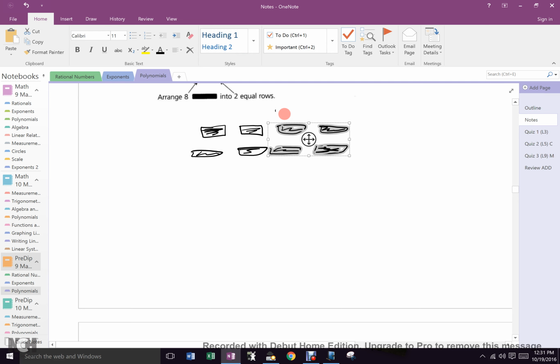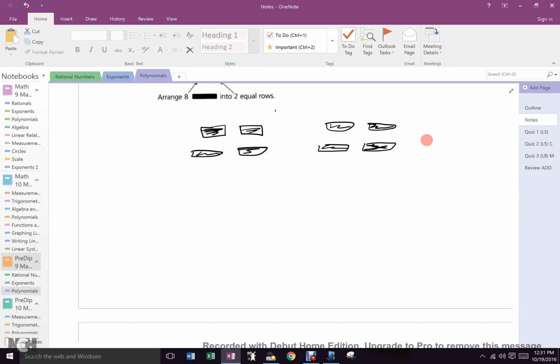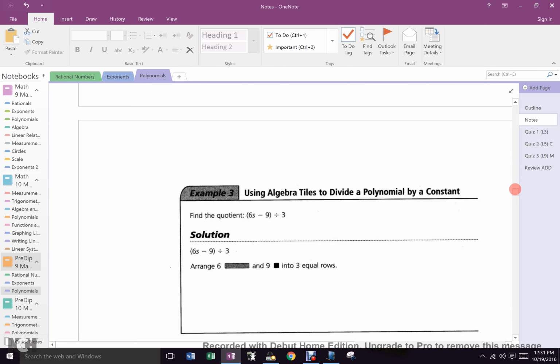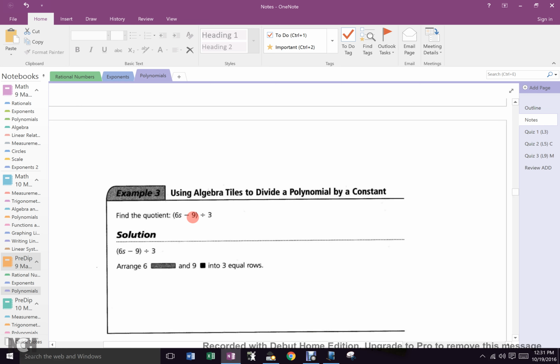Could I do that? Yes. It's all the same thing. All I'm doing is cutting it into pieces. So, what does this mean?